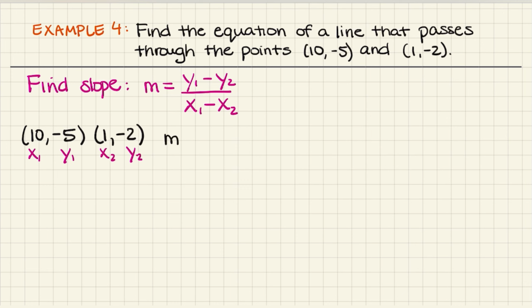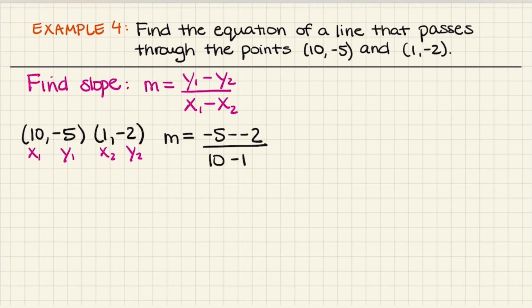Now we can plug in our information into the slope formula. So y1 minus y2 is going to be negative 5 minus negative 2, over x1 minus x2, which is 10 minus 1.